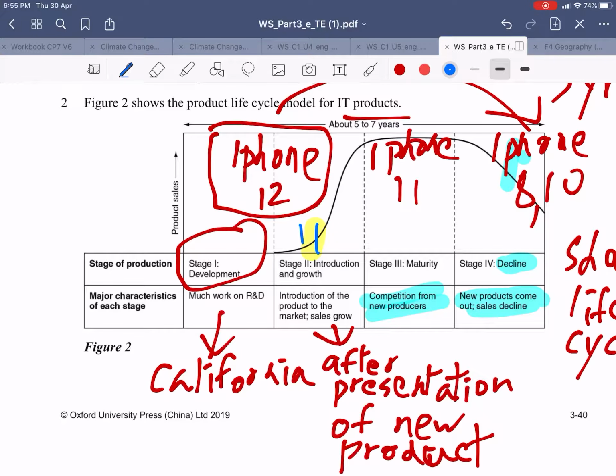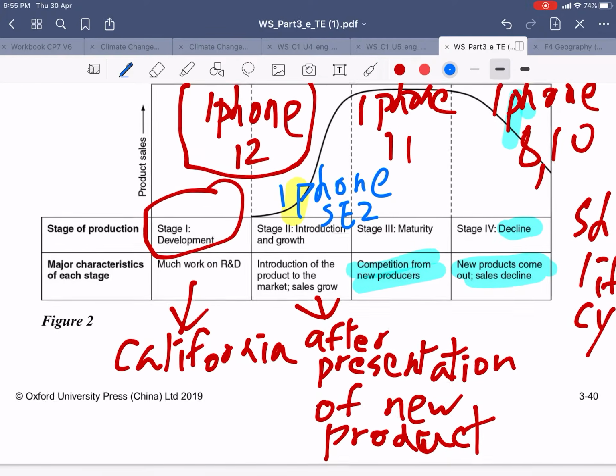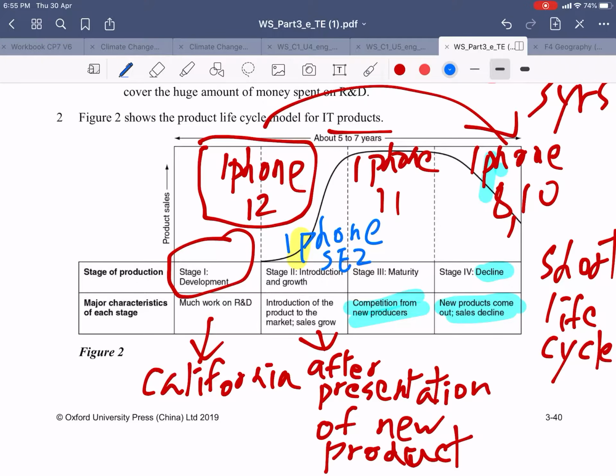SE2, right? Introduction and growth: they are just going to be introduced into the market, and the market share is trying to grow. But iPhone 11 is matured because there is nothing new that can be added to the iPhone 11 already.